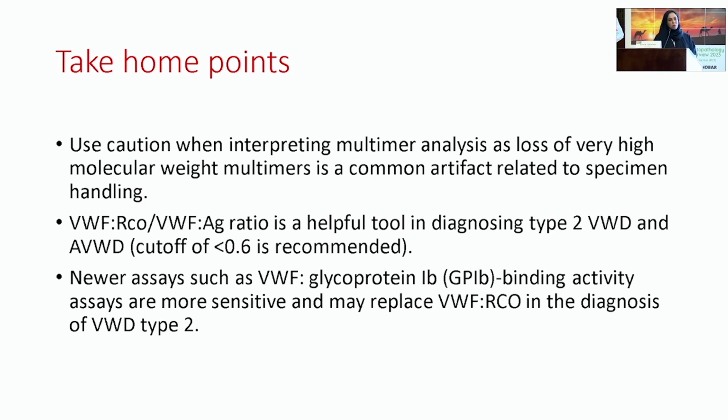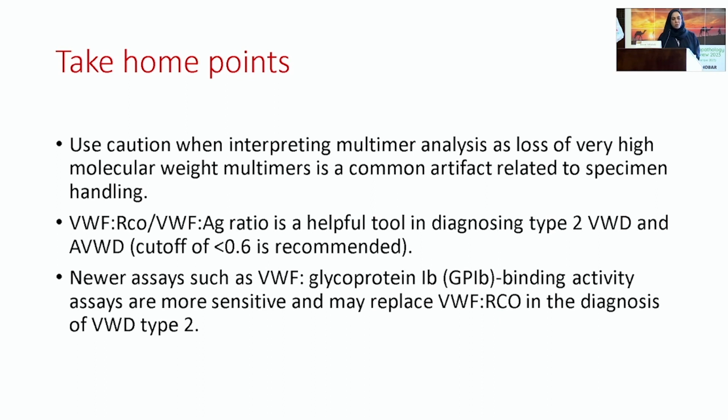So shipping time, heat, delayed separation of the plasma, or problems in freezing can all cause loss of very high molecular weight multimers. So be cautious about diagnosing an acquired von Willebrand disease in pediatric patients with no obvious cause. These patients probably require repeat multimer analysis.